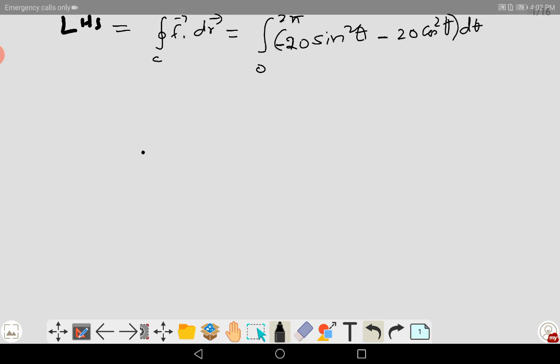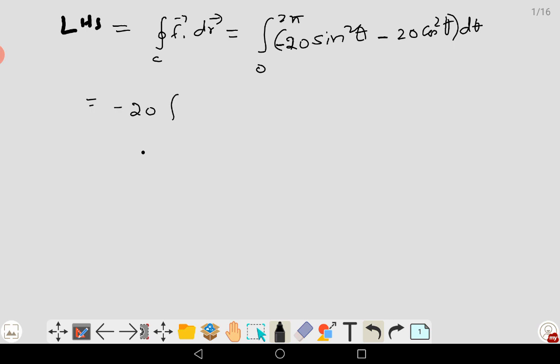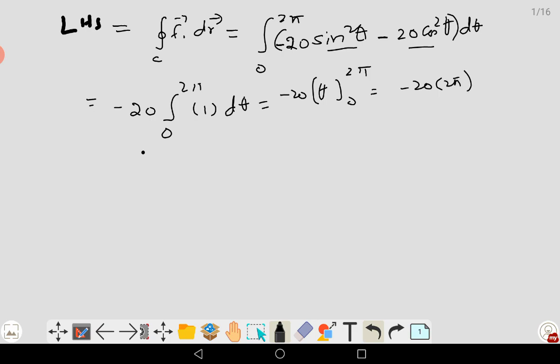When you expand this one, minus 20 is a constant, keep it outside. The integral from 0 to 2 pi of sin square plus cosine square, which is 1, d theta. The integration of d theta is theta from 0 to 2 pi. So negative 20 into 2 pi minus 0, so it's negative 40 pi. Left hand side is done.